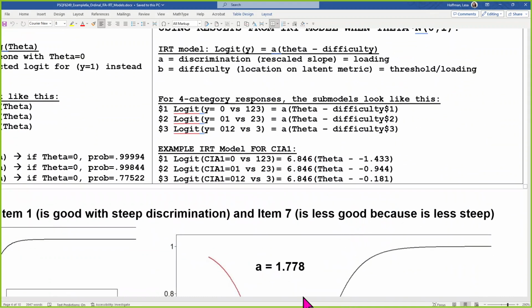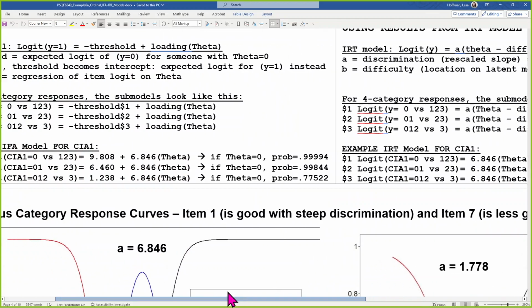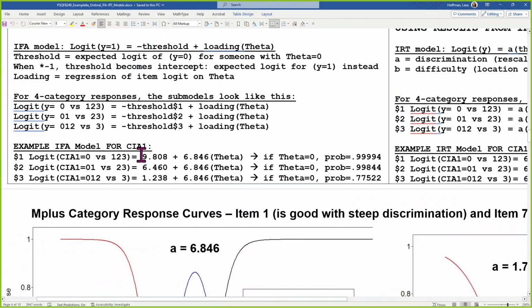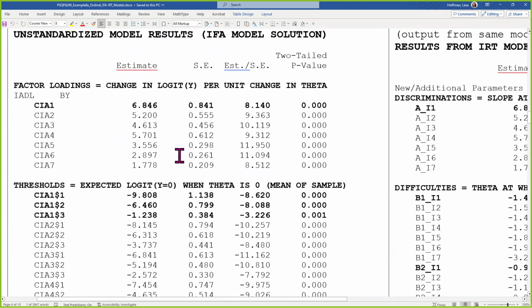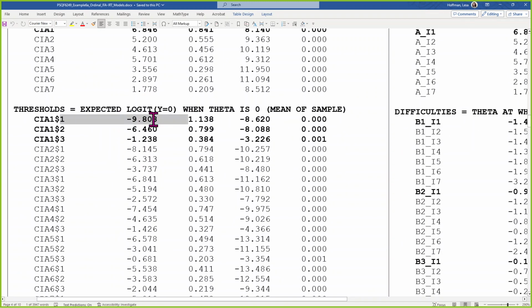Down here, I have how you would put the numbers into the equations. So for instance, if I wanted to predict the logit given any value of theta for the first item, the first thing that I need right here is an intercept. Where that came from is this number right here, which is a threshold. So minus 9.8 is the predicted logit of the lower category when theta is 0.